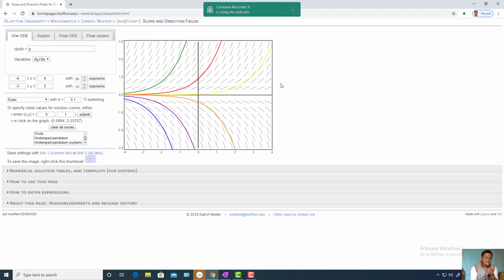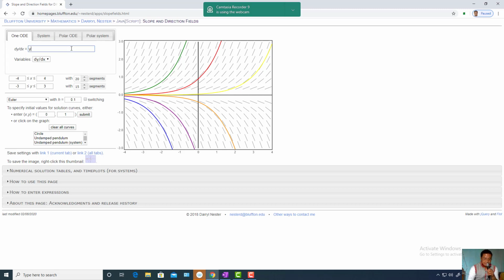Just look at the nature of the tangential direction or vector direction. If they are all parallel, then what is the conclusion? The conclusion is that the given differential equation is an autonomous system, okay. So this is for the simple one, dy by dx is equal to y.